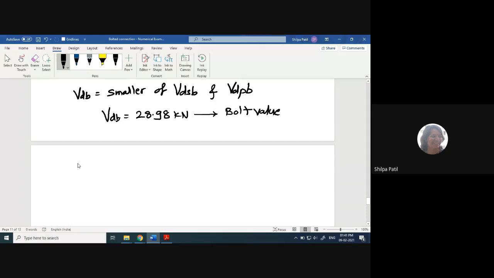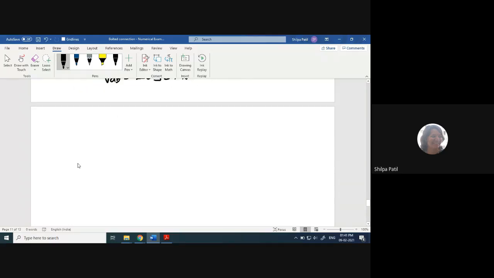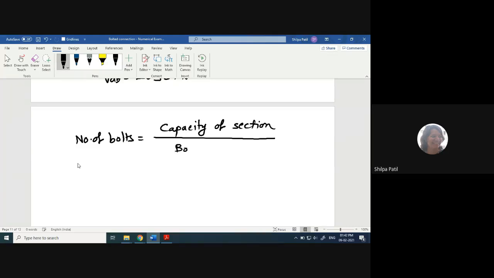Now the number of bolts can be calculated as the number of bolts equal to the capacity of the section, member, angle, plate, whatever, divided by the bolt value.